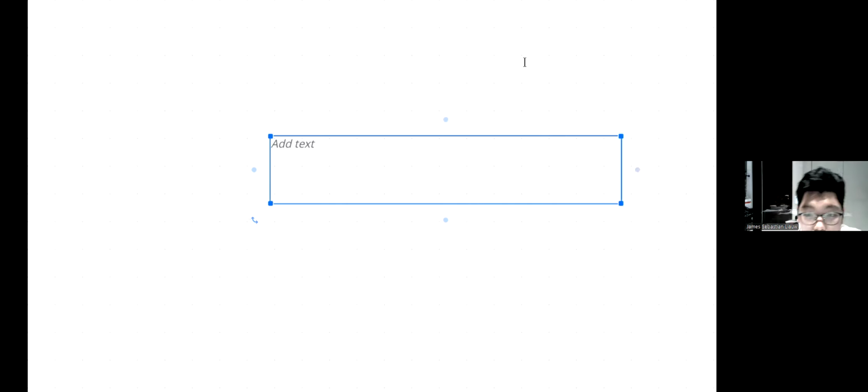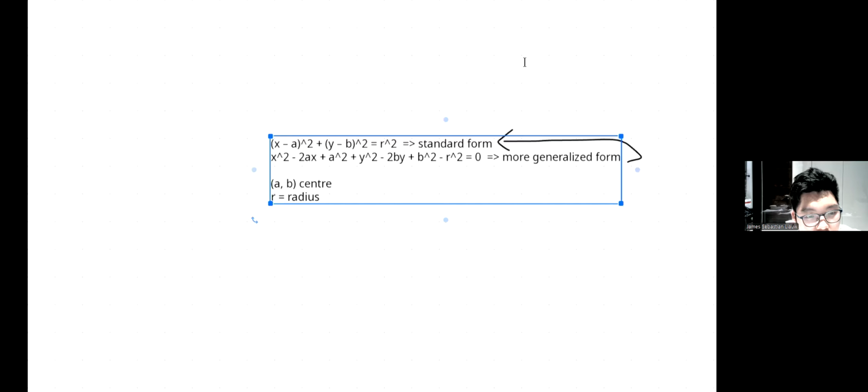The equation can be turned into standard form by completing the square, which I think most of you are able to do.